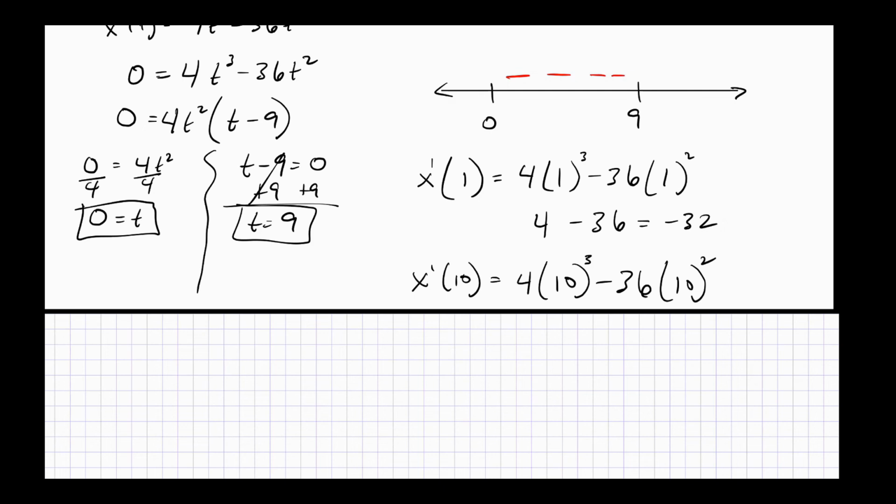So this is 4,000 minus 10 squared. 10 squared is 100. What's 100 times 36? 36 with 2 zeros. Both big numbers, but going to give us a positive answer, 400.